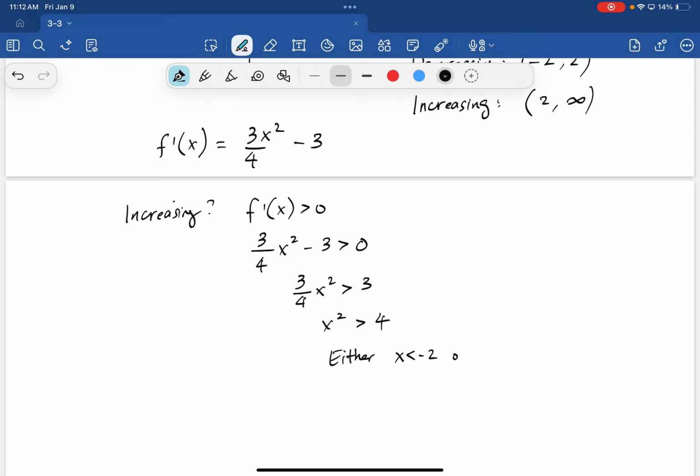Okay? Right? Only x values less than -2 or greater than 2 are going to give you a square that's greater than 4. And so that's how we get the intervals -infinity to -2, and 2 to infinity. So that's where the function's increasing. Oh, that makes sense. All right?